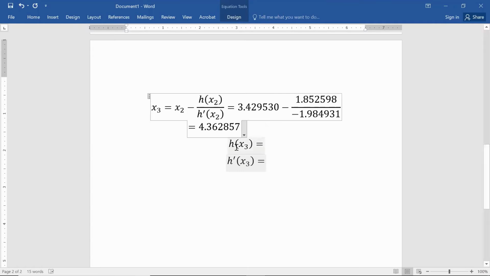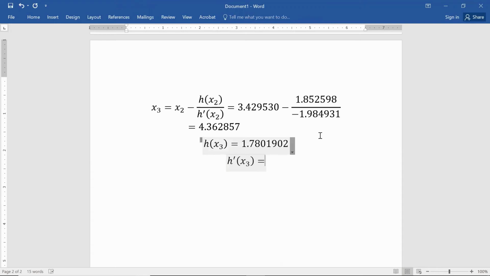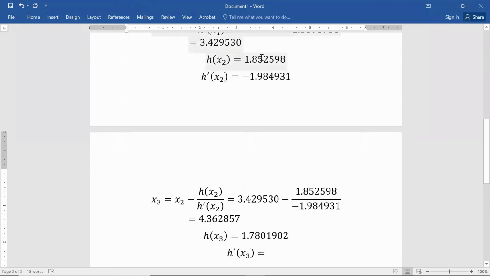If I try to find the function value at that number, I get an output of 1.7801902. And you might get really excited and say, oh, that is slightly closer to 0.